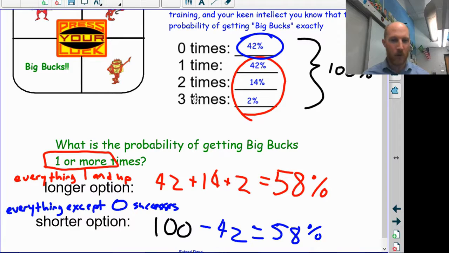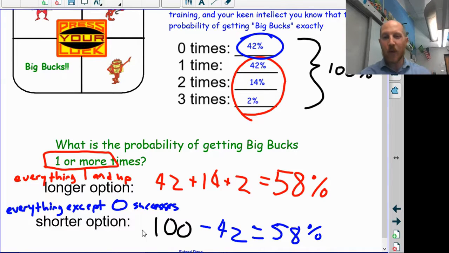That's going to keep going: 4 successes, 5 successes, all the way up to 100, all the way up to 1,000, whatever the total scope of this problem involves. That's a much more difficult thing to do unless we just subtract the 1 that we're not including, or maybe the 2 that we're not including, depending on what the question says. So in that situation, being able to subtract from 100% is way shorter.